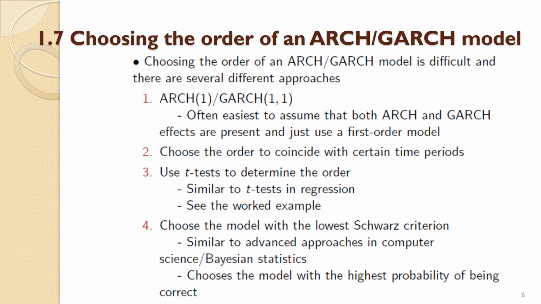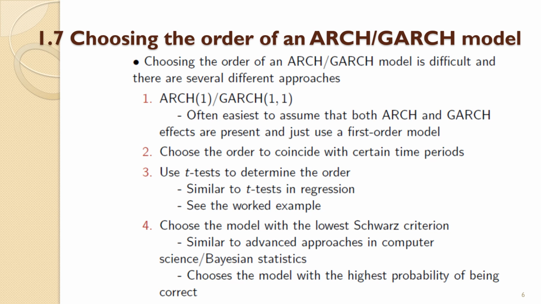So choosing the order of an ARCH-GARCH model is difficult, and there are several different approaches. It's often simplest to just assume that both ARCH and GARCH effects are present. Just use the first order model. So if you're looking at daily data, this might mean that volatility from yesterday feeds forward and affects today, for instance.